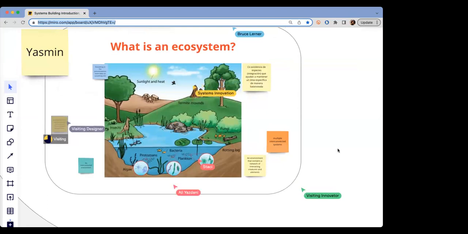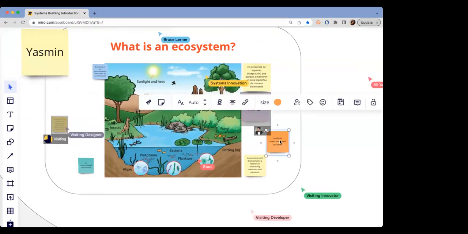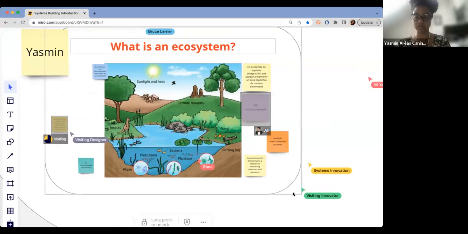Sorry. I was just going to say, an ecosystem to me is like a system of systems, basically, where these various systems are working together in a coordinated way to help everything else flow smoothly. Great.